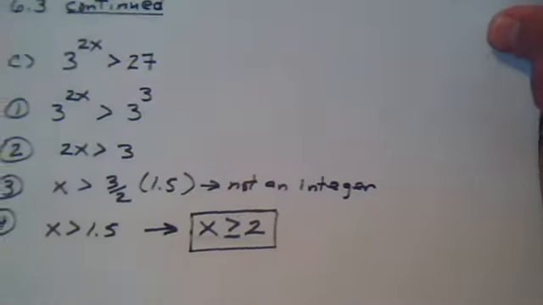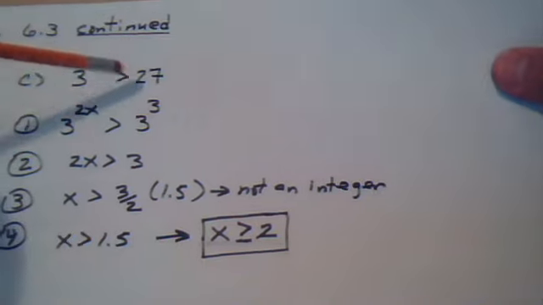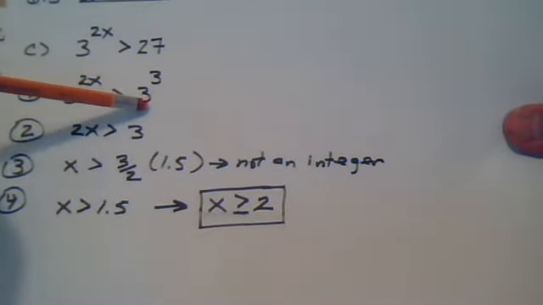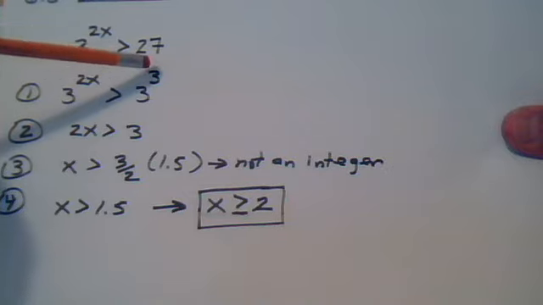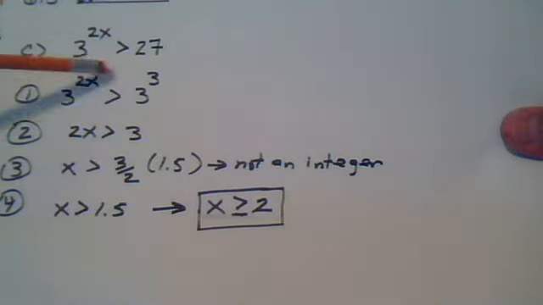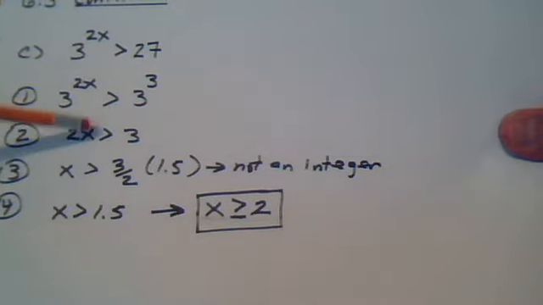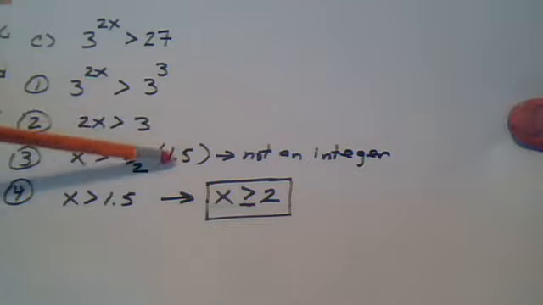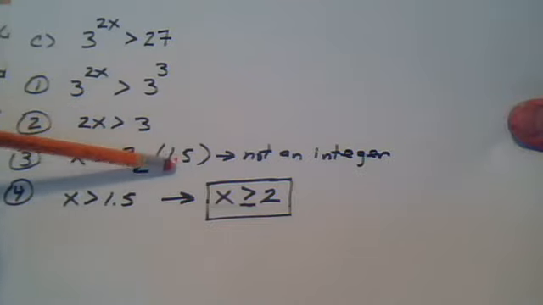For this one, we start off the same way. Let's change the 27 and rewrite it so it could have a base of 3. So 27 is 3 to the third. And now that you have the bases being the same, now you work with the power. So 2x is greater than 3, divide by 2. That gives us 1.5. But this is not an integer.